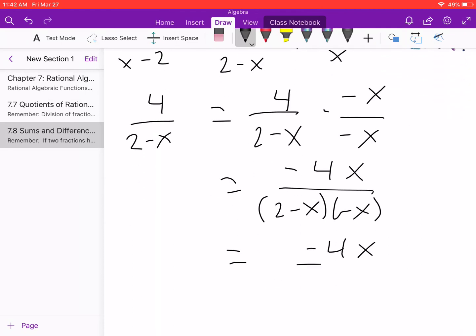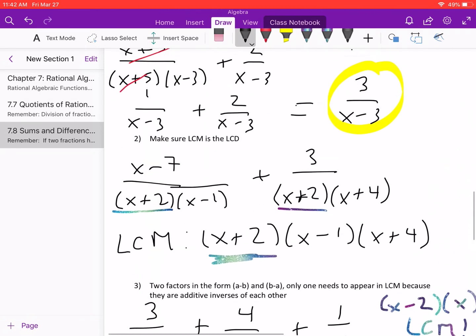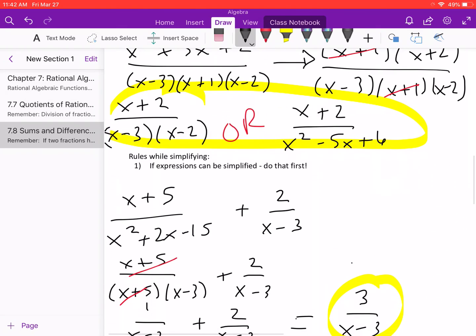Therefore, negative 4x all over (x minus 2) times x.